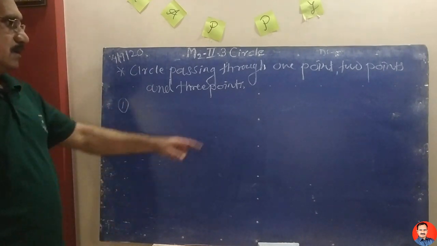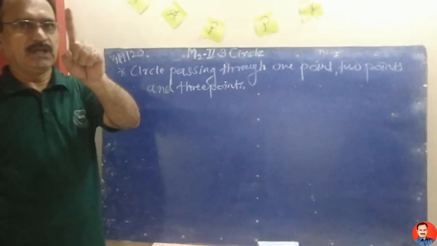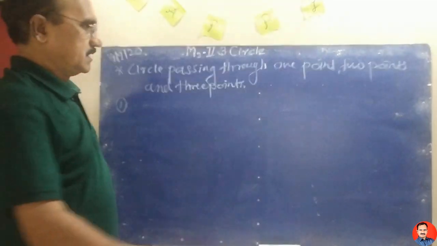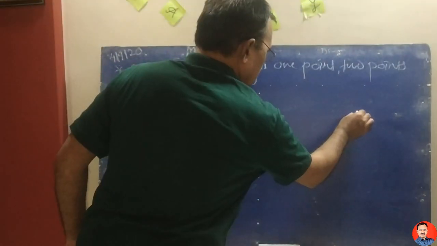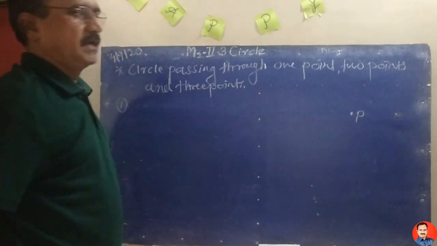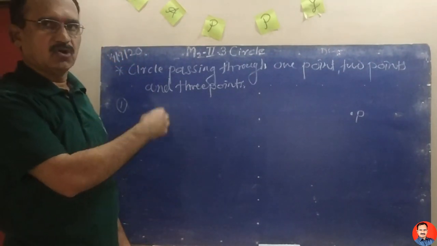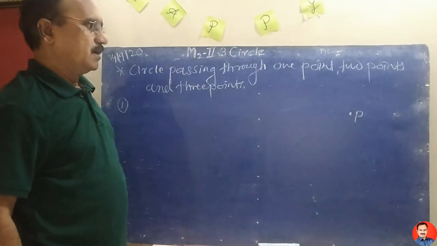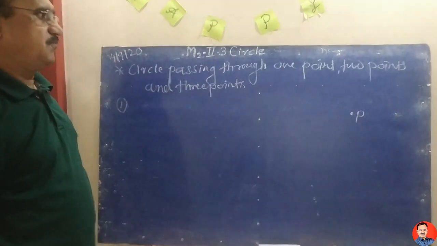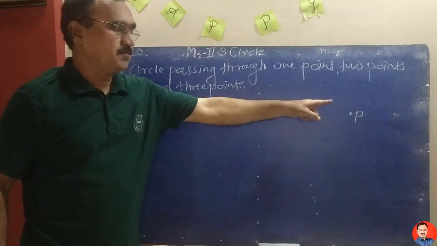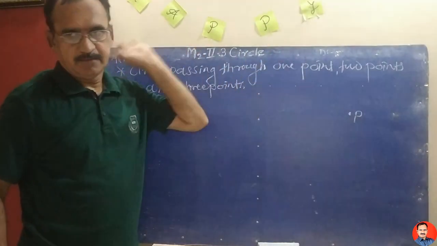Number 1, circle passing through only 1 point. Suppose P is any point on the blackboard or any plane, and we have to conclude after the figure how many circles pass through point P.